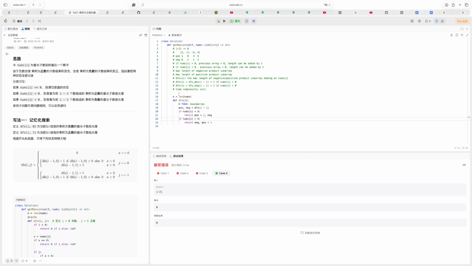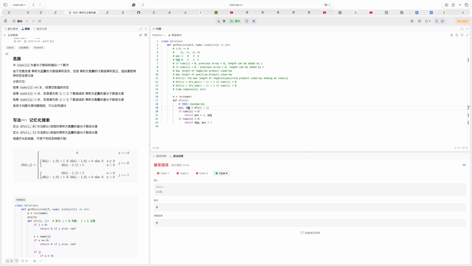Yeah, my definition is correct, but here I'm not sure what happens. Oh, it says... okay, yeah, so it has positive and negative.